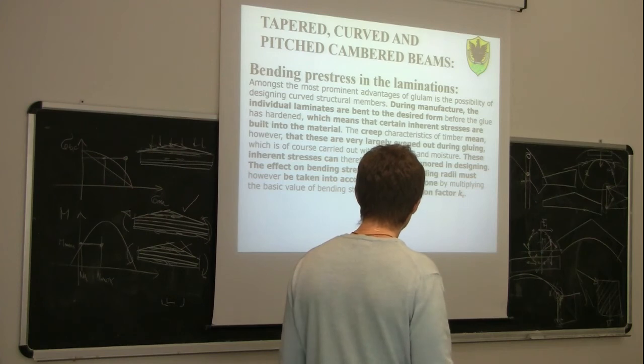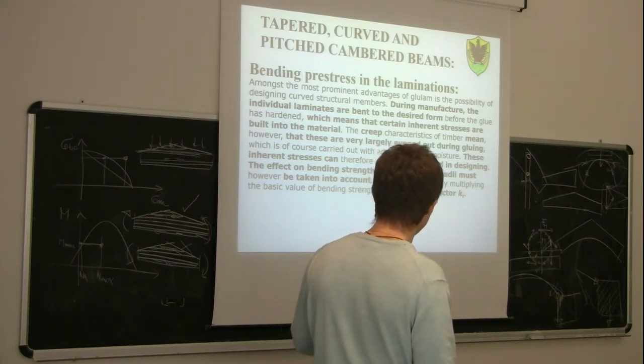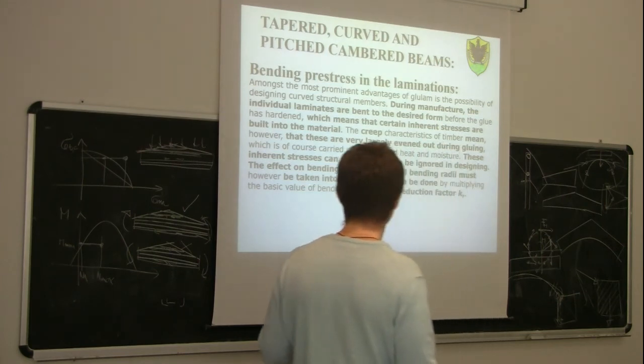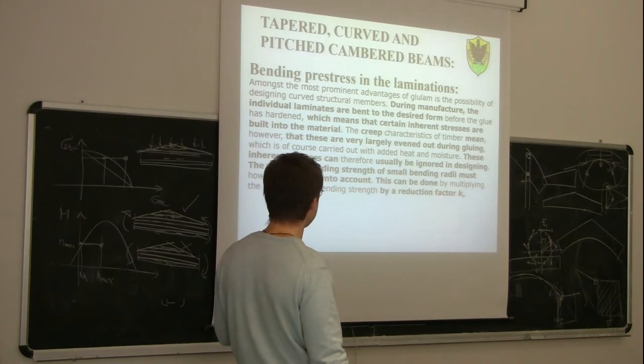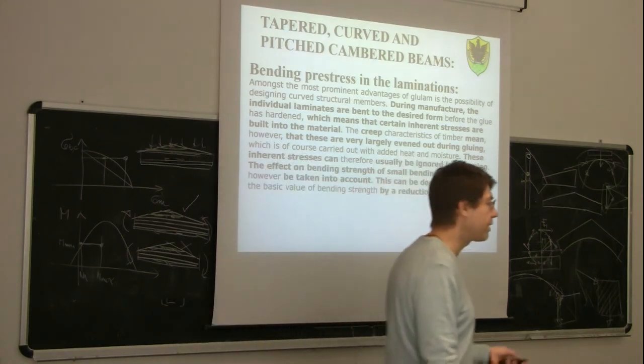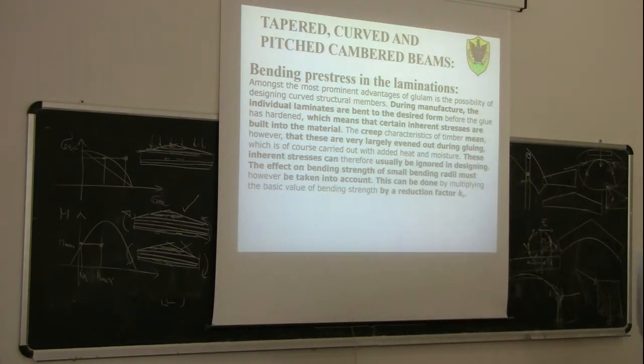So this means that the effect on bending strength of small bending radii must be taken into account. This can be done by multiplying the basic value of bending strength by a reduction factor, Kr. Already yesterday we saw that it was fmd multiplied by Kr. This Kr is the reduction factor taking into account these eigenstresses due to the curvature induced on the board.